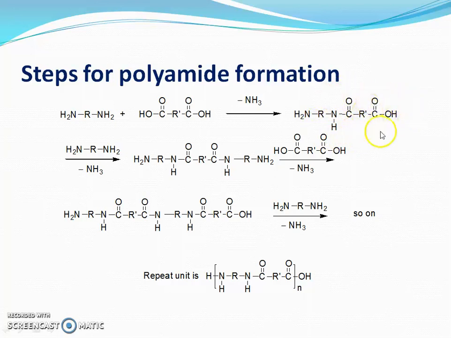And again the carboxylic acid end is free, which will again combine with the amine end of another diamine, so that another amide linkage is formed. So in this way, alternatively, the diamines and dicarboxylic acids will go on adding, and hence the polymeric chain will increase. And here we have shown the repeat unit of the polyamide.